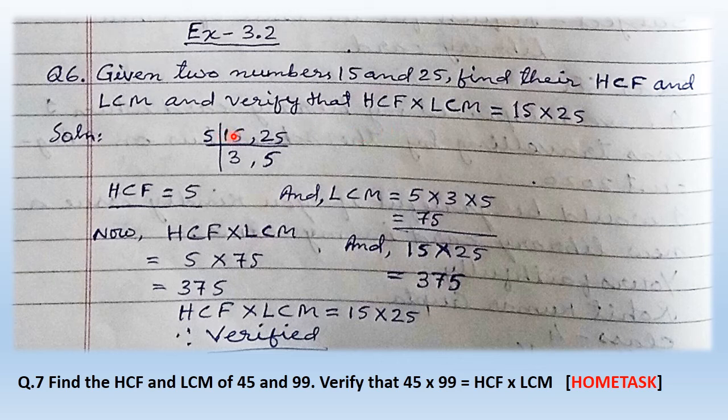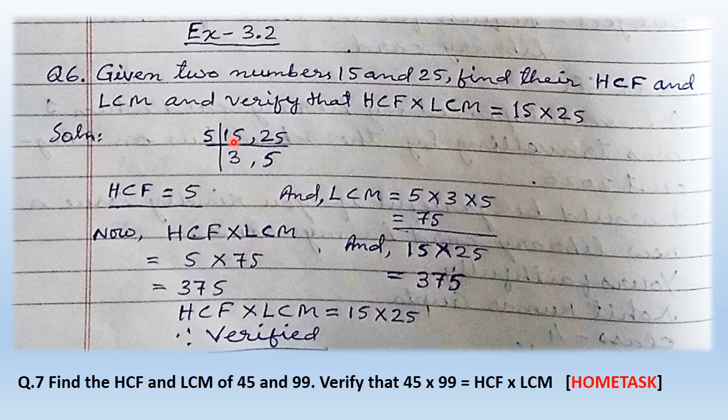So you will first find out the LCM as well as HCF of 15 and 25. The common division method is the most convenient one. You may apply that. So 15 and 25 divided by their common factor, that is 5. So 5 3 times 15 and 5 5 times 25.